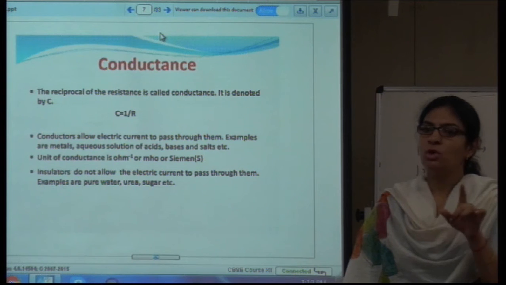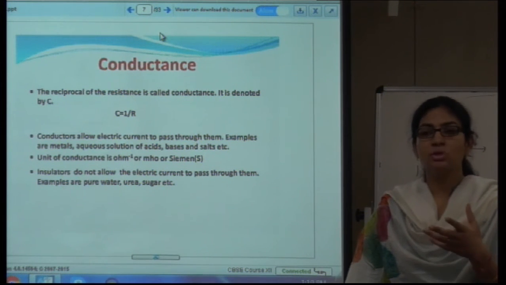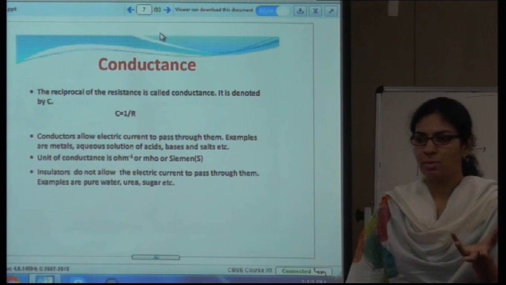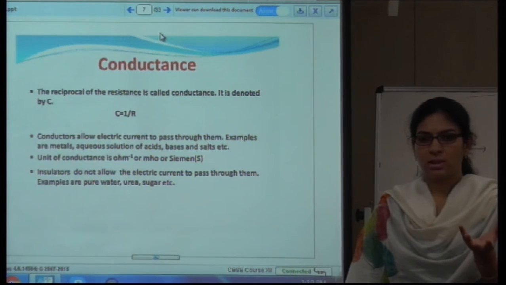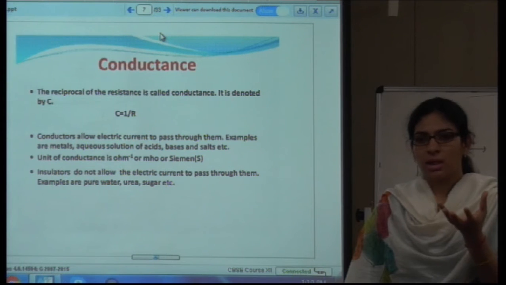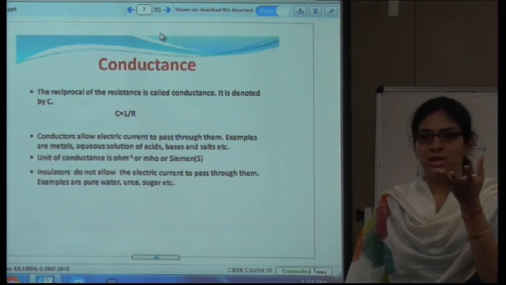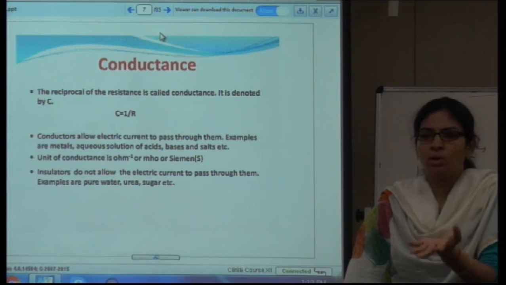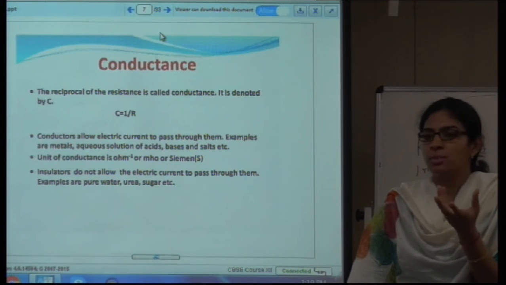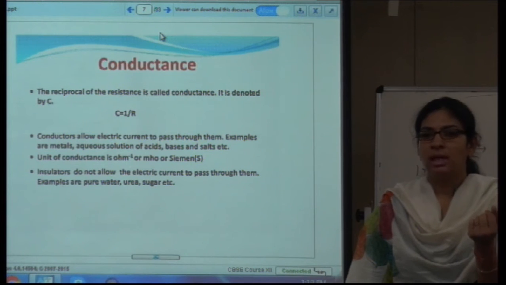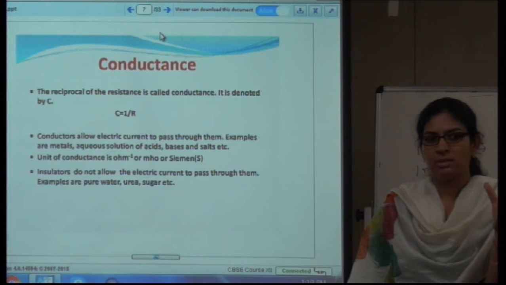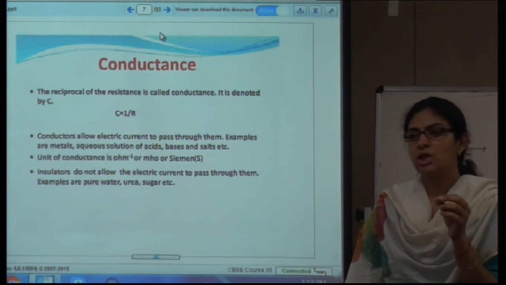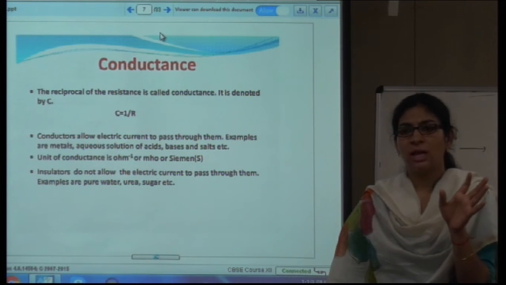And one more class is there, which we call superconductors. You must have come across the term superconductors, which can conduct electricity to a large extent when you maintain certain physical conditions like very low temperature. Certain materials have special properties that they conduct electricity to a greater extent under special physical conditions. They are called superconductors, right?